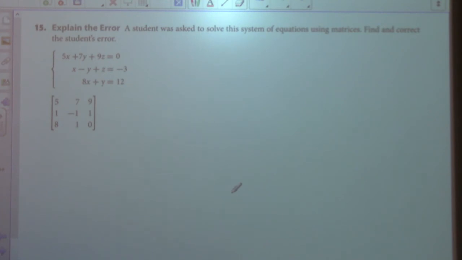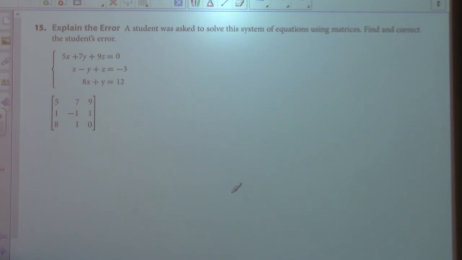So 15, we have Seth. All right, Seth, what do you think? Do you want me to solve it and tell you the answer? No, you don't need to tell me the answer, you need to find the student's error, okay? What error did the student make?